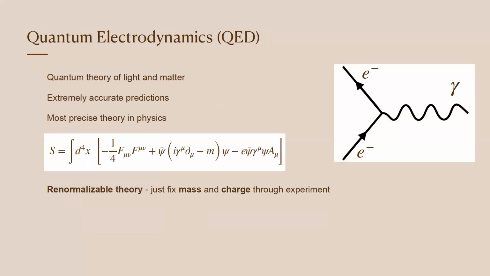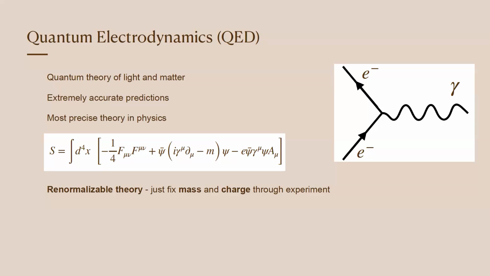Now, coming to the quantum version of electrodynamics. So we have quantum electrodynamics. It is the quantum theory of light and matter. Light and matter interact schematically like this. We have one electron going through spacetime, and it emits a photon, and there is a recoil, and the radiation symbol is a photon symbol.